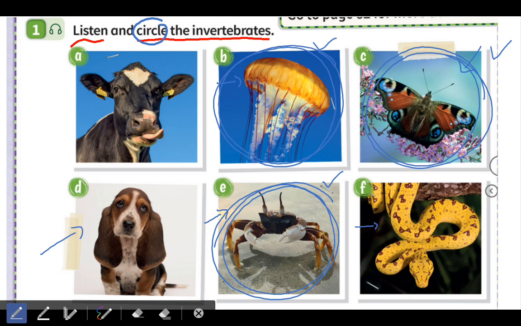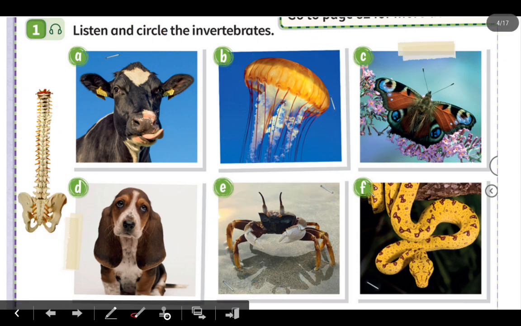It's vertebrate, so you don't need to circle it. Fantastic, only 3. The jellyfish, the butterfly, and the crab. Excellent. And if you have everything okay, you can draw a happy face with your favorite color. Well done. Let's continue with the next activity.